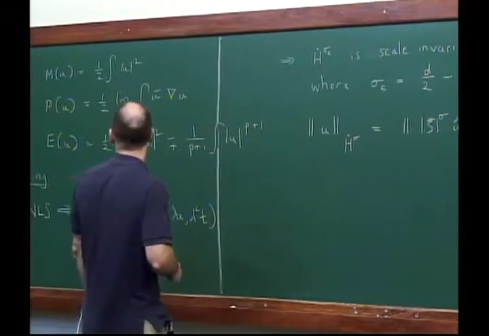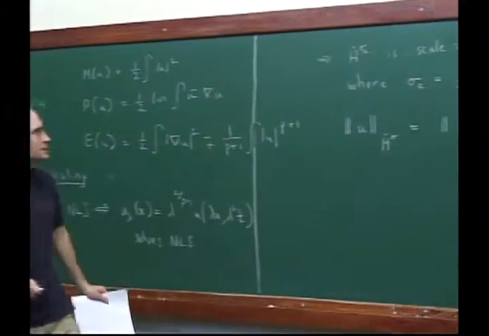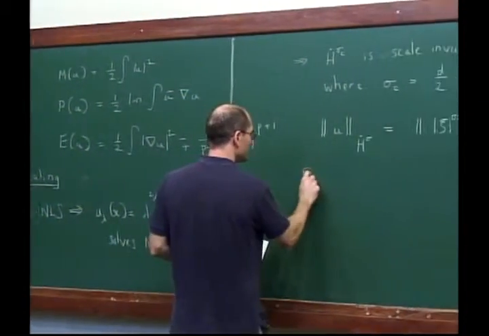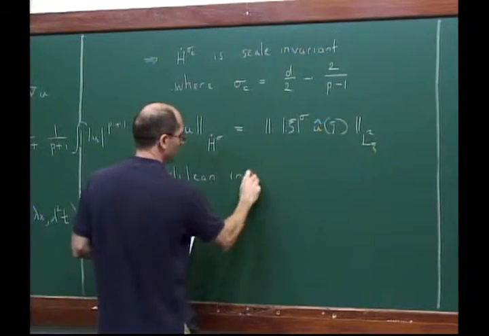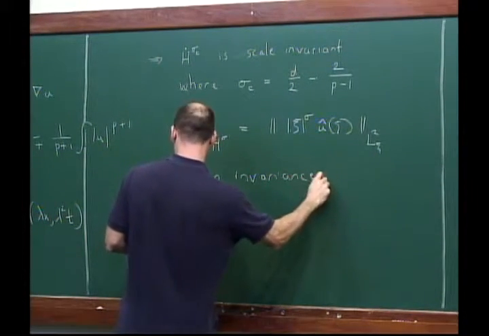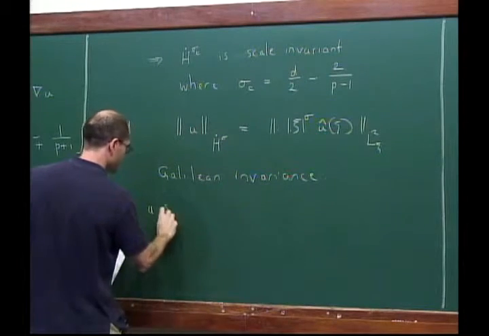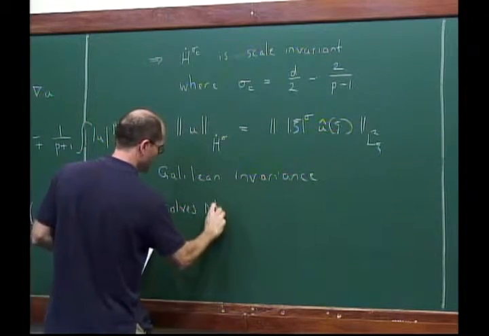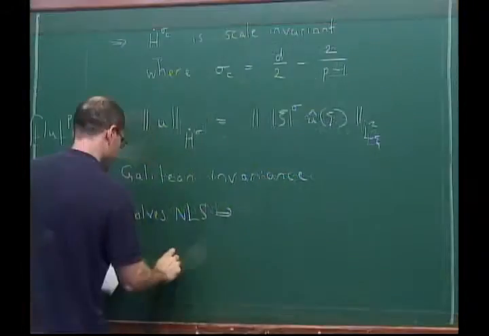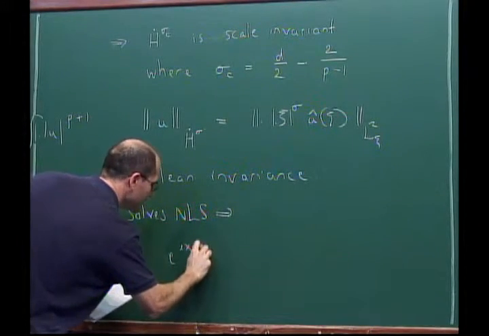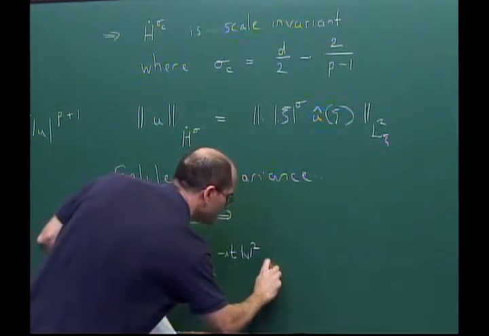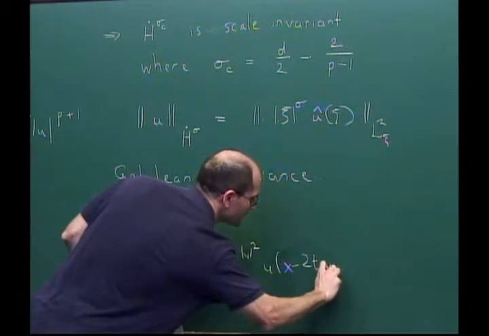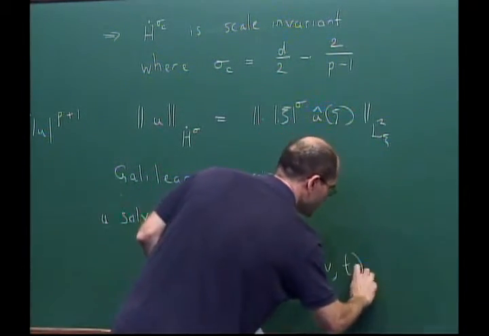So a few more invariances and conserved quantities. There's the Galilean invariance, which says that u solves NLS implies that e to the i x dot v, e to the minus i t v squared, u of x minus 2t v, t solves NLS as well.